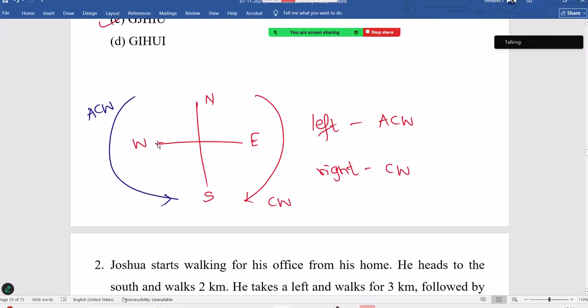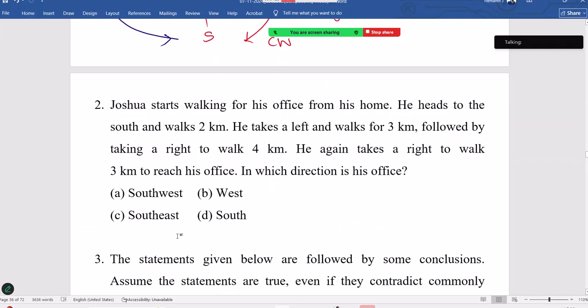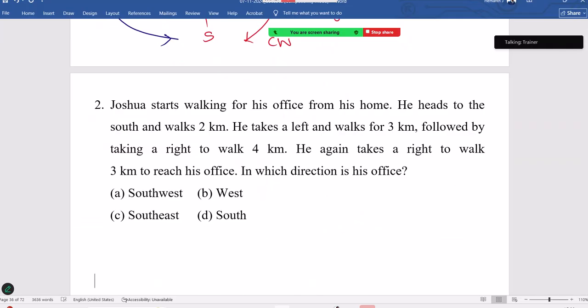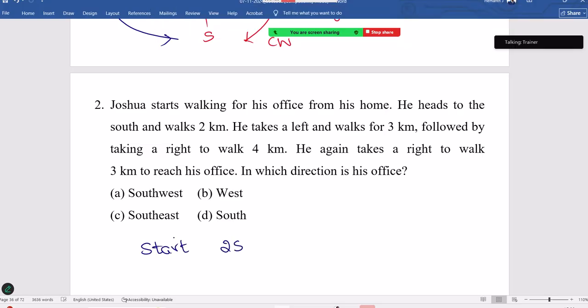So now without diagram, how can we handle this question? Joshua started the journey towards south, 2 kilometers south, now left direction. From south, left side means anti-clockwise, east will come.